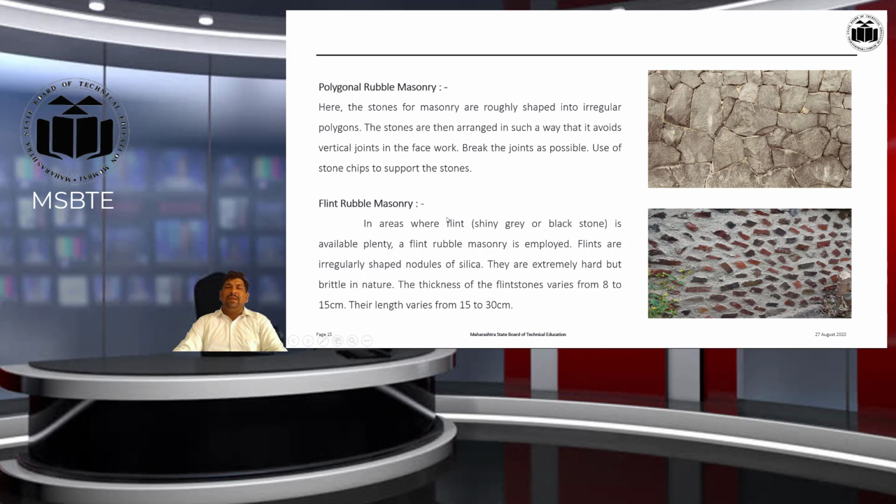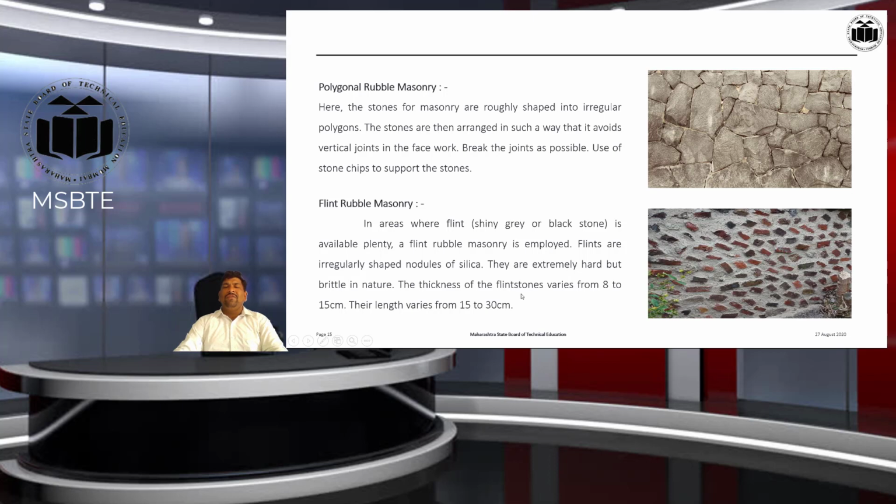Then flint rubble masonry. In areas where flint, which is shiny gray or black stone, is available in plenty, flint rubble masonry is employed. The flints are irregularly shaped nodules of silica. They are extremely hard but brittle in nature.